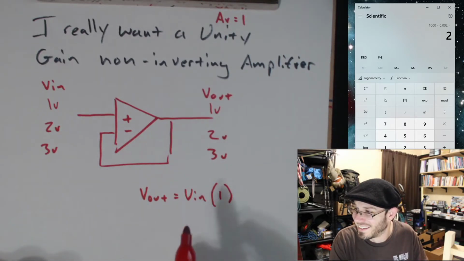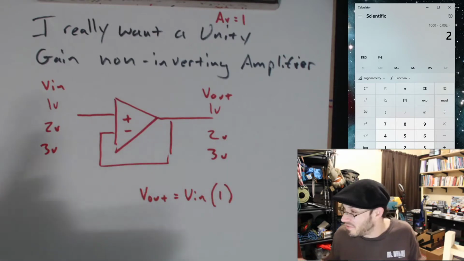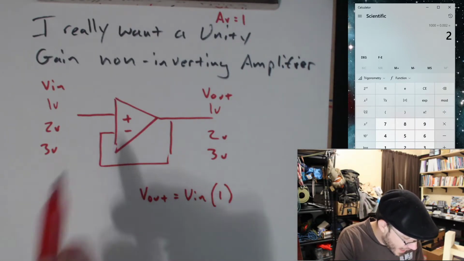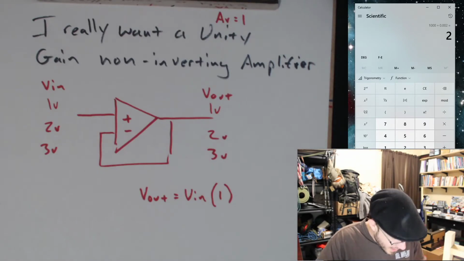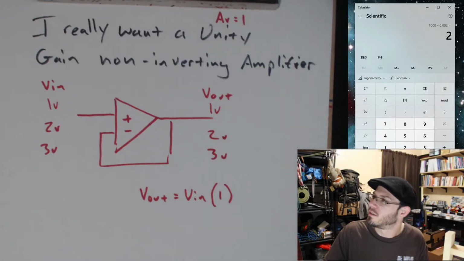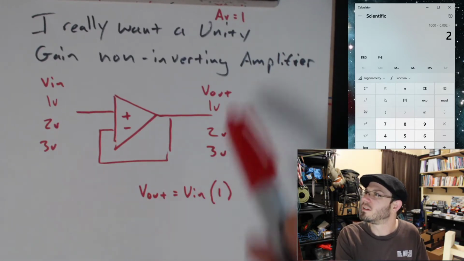Right? The voltage follower has a gain of 1. Yeah, my voltage follower is a non-inverting amplifier with a gain of 1. Unity gain.